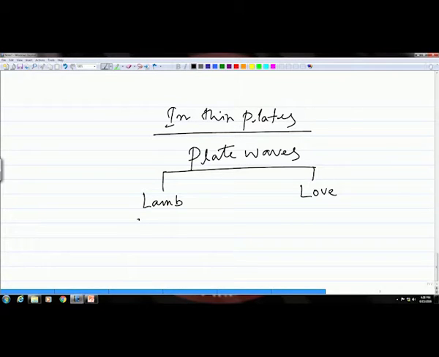So, Lamb is the component of the vibration which is perpendicular to the surface.